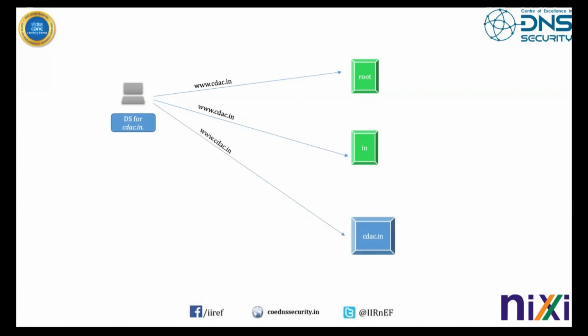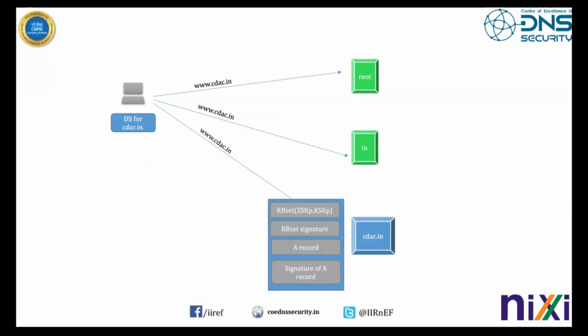C-DAC.in will return the RR set signature, the A record, and the signature of the A record. Since we only require www.cdac.in, it doesn't need to give a further DS record for its child. It has no child ultimately, so it will not give a DS record.